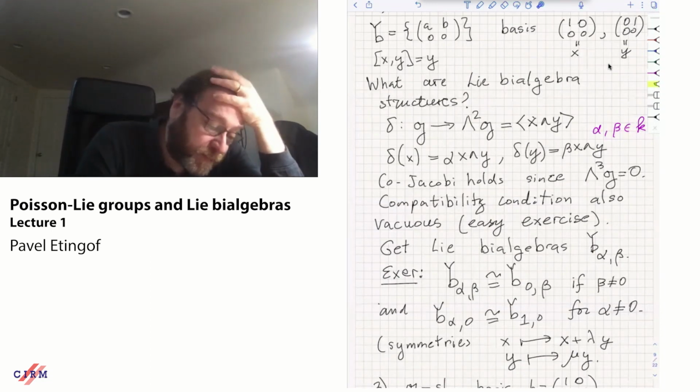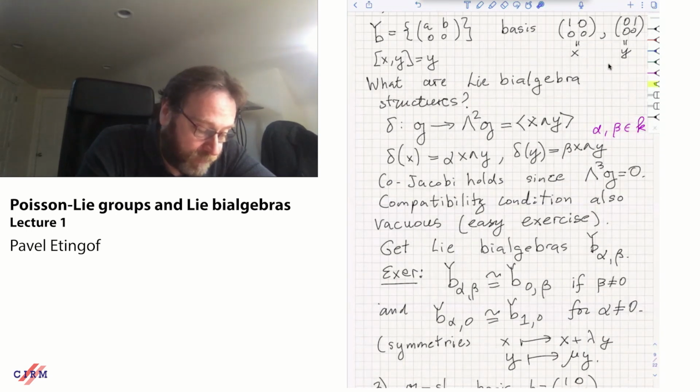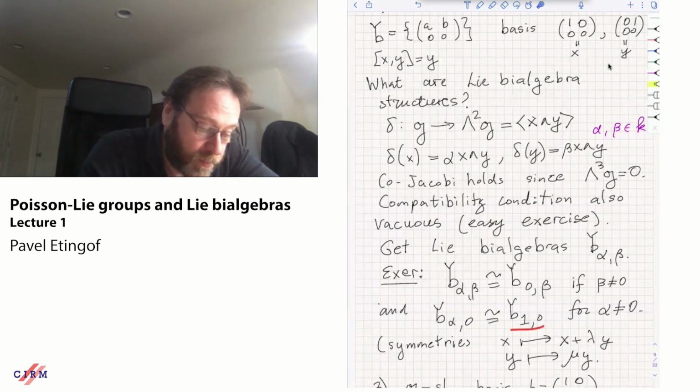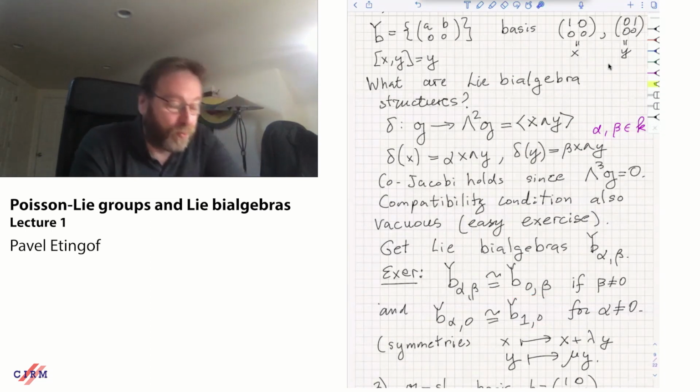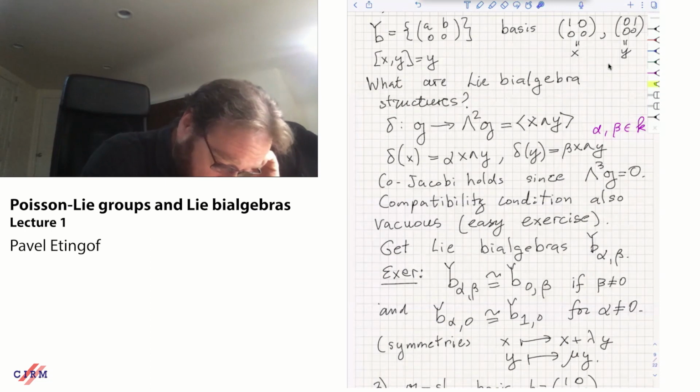So you can make alpha 0 as long as beta is not 0. And if beta is 0, then you can rescale alpha and make it 1. And of course, there is B00, which is just the previous example of the zero Lie bialgebra structure.